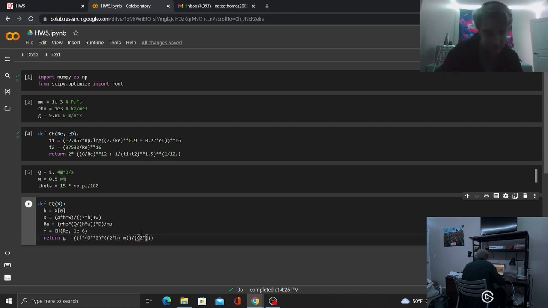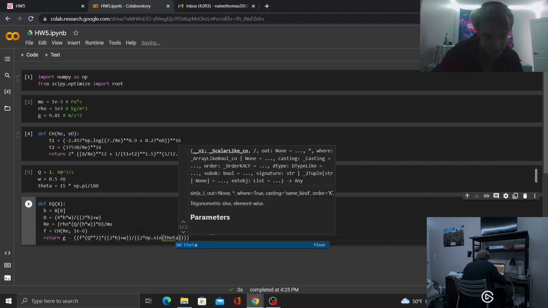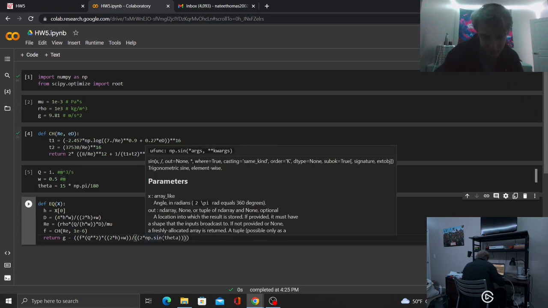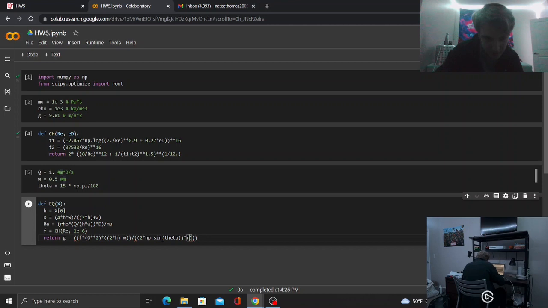times numpy sine theta times H times W to the third.